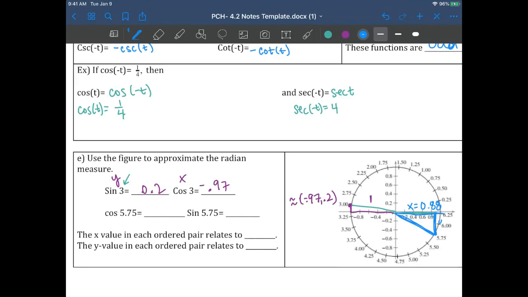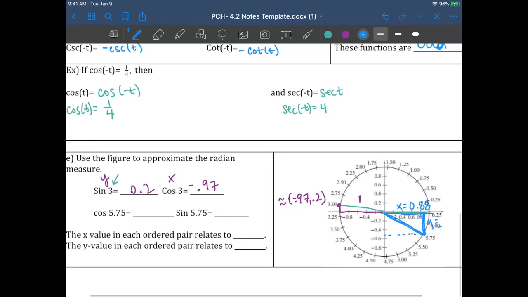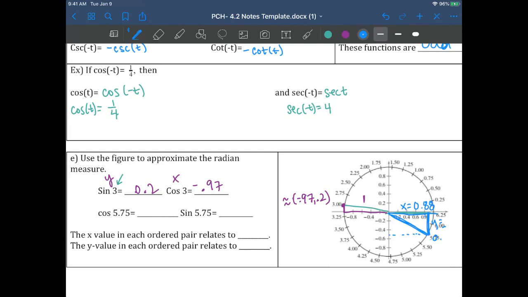Positive, and my y is equal to, let's see, negative 0.5. So sine is my y, so negative 0.5, and cosine is the x value of the point, so 0.88 positive.